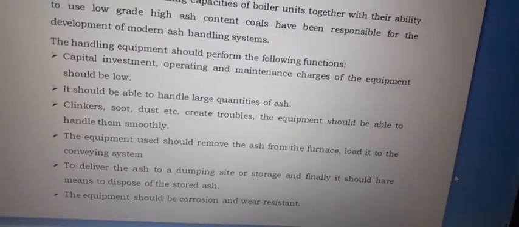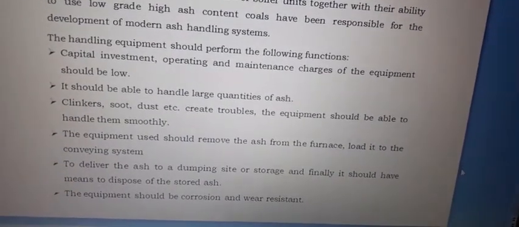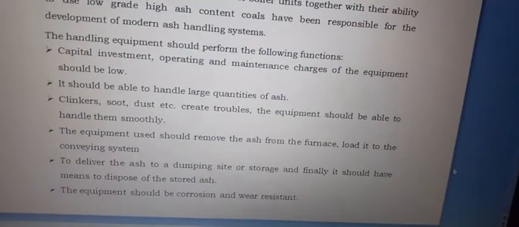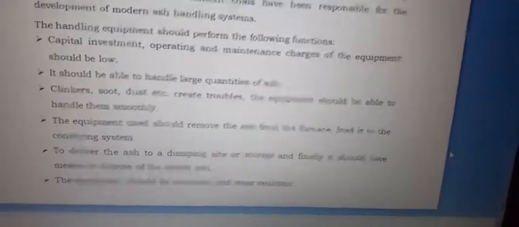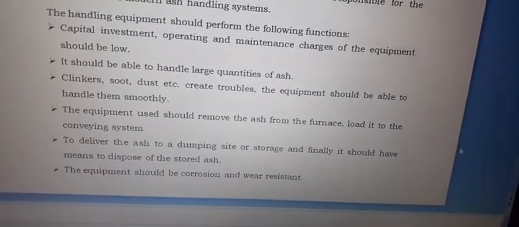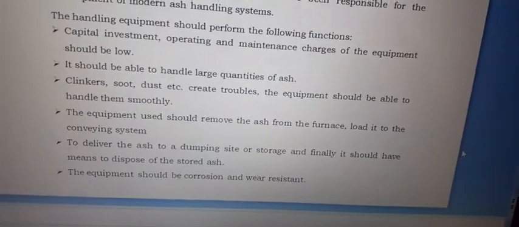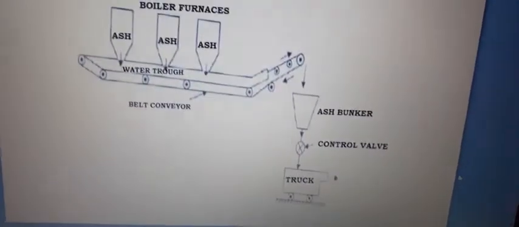Clinkers, soot, dust, etc. create troubles, and the equipment should be able to handle them smoothly. It should deliver the ash to a dumping site or storage, and finally it should have means to dispose of the stored ash. Equipment should be corrosion and wear resistant.